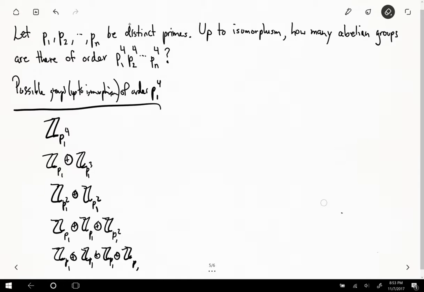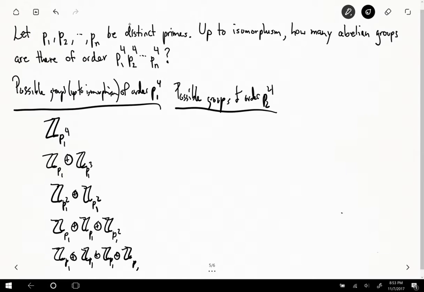The same rules are going to technically apply, so the possible groups of order p2 to the fourth, right? My claim is we can figure this one out as well. So in this case it goes Z of p2 to the fourth.